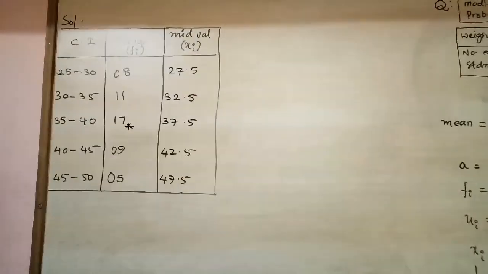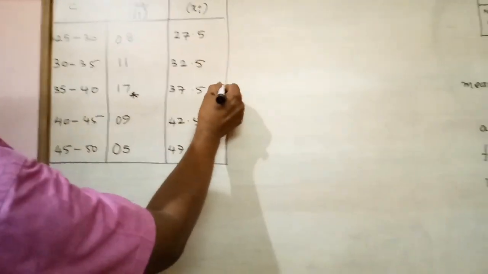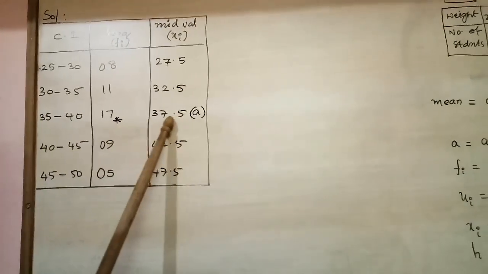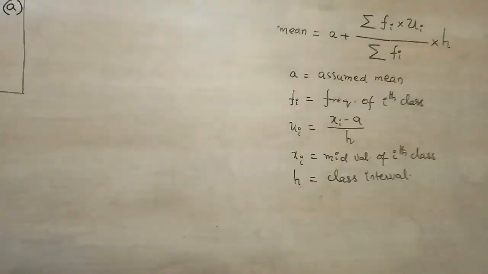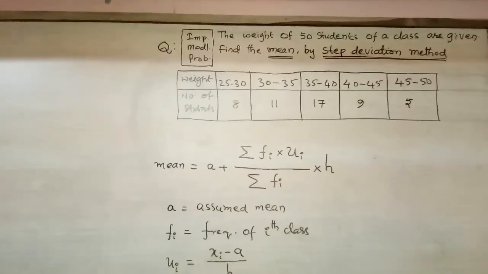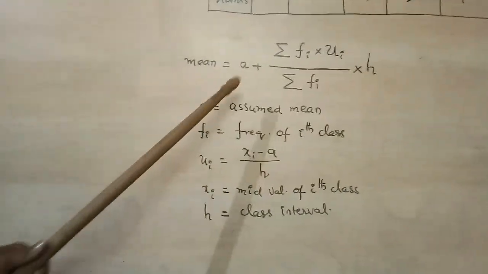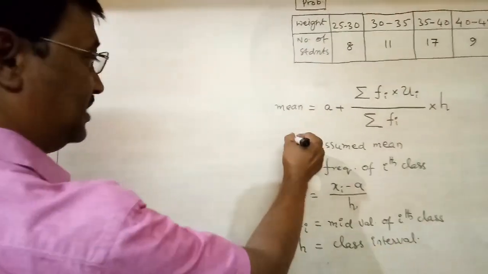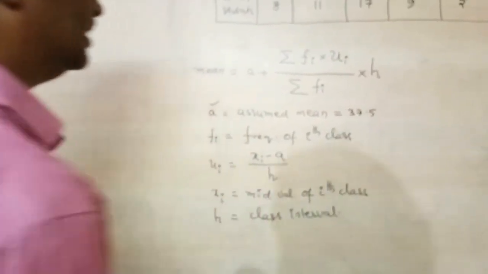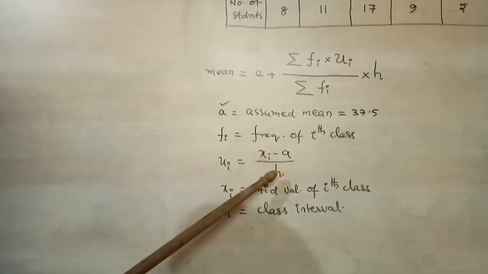Select that as A. Therefore, 37.5 is the assumed mean. Now we have the assumed mean as 37.5.